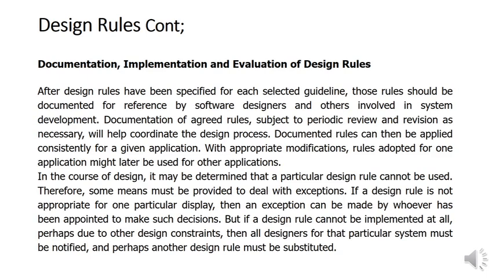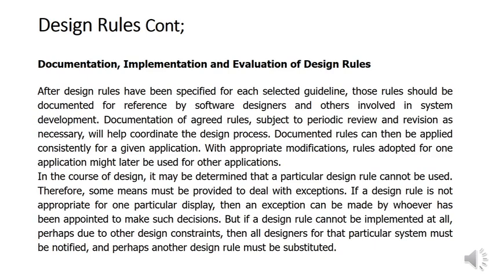In the course of design, it may be determined that a particular design rule cannot be used. Therefore, some means must be provided to deal with exceptions. If a design rule is not appropriate for one particular display, then an exception can be made by whoever has been appointed to make such decisions.